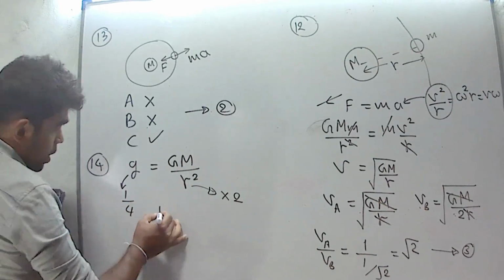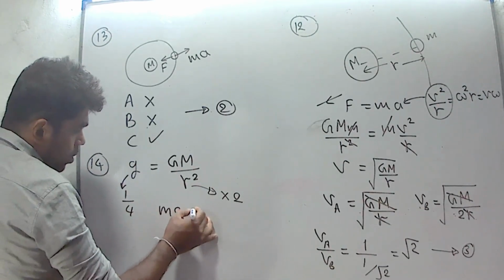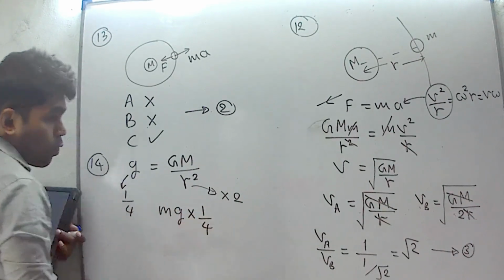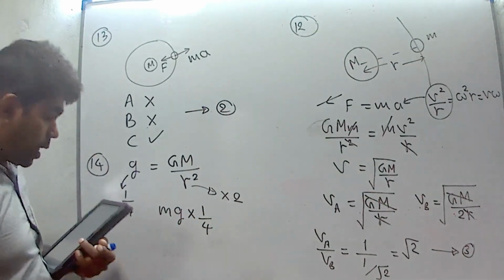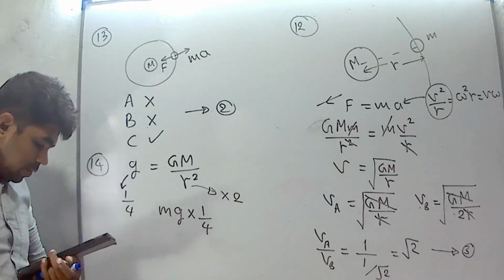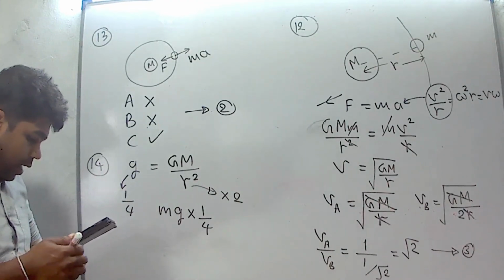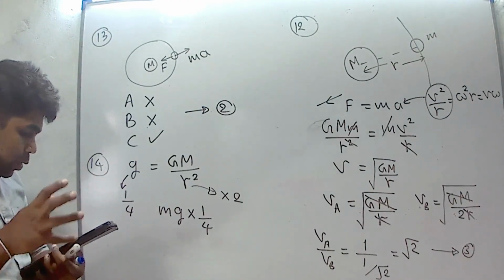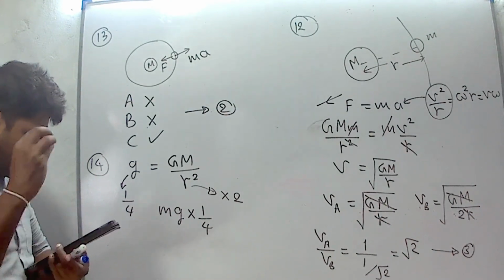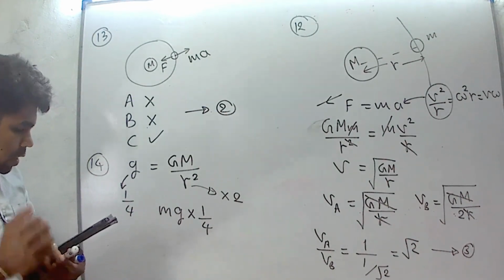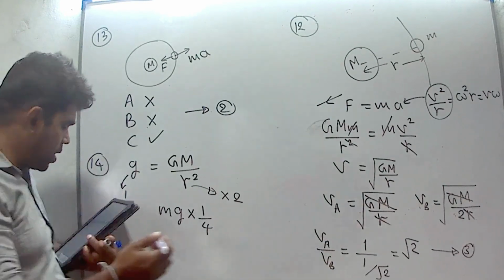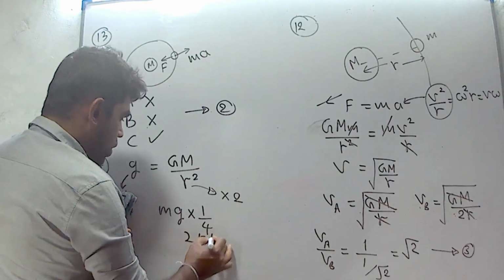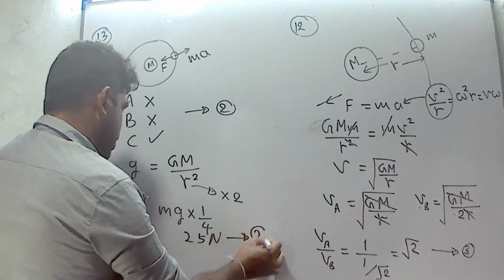Therefore, mg should be 1 over 4 of the value on Earth. Then 1 over 4 of 100 Newton means 25 Newton. Then the answer is 2 for question number 14.